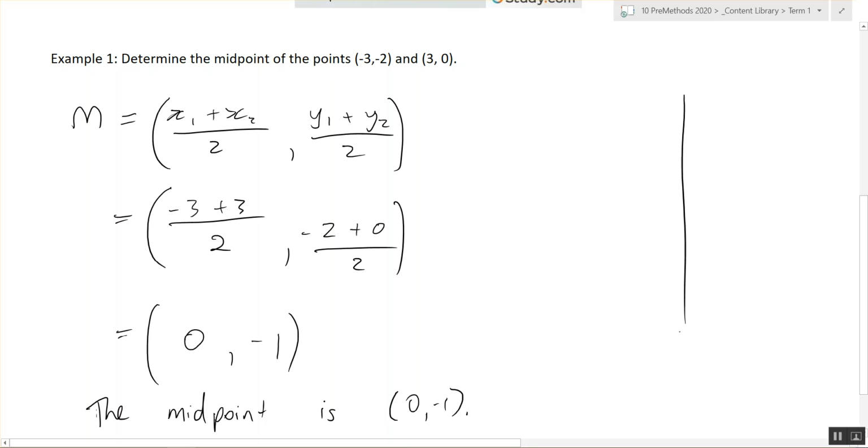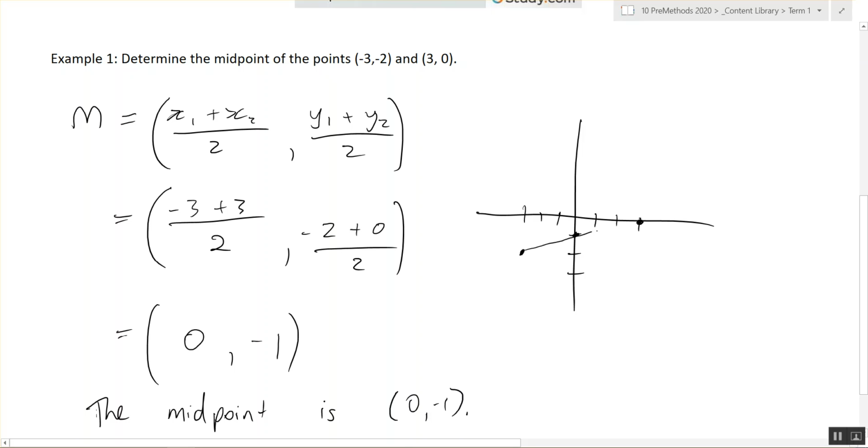So if you look at it graphically, the first point is negative 3, negative 2. So the middle point is 0, negative 1 there. Okay, so the middle of that. So there you go, that's midpoint. You don't have to draw the graph unless it asks you to.